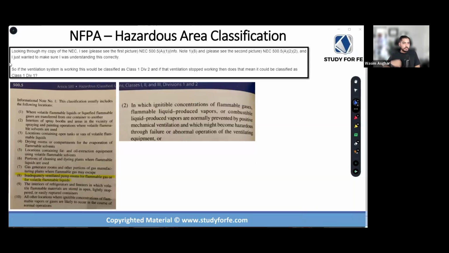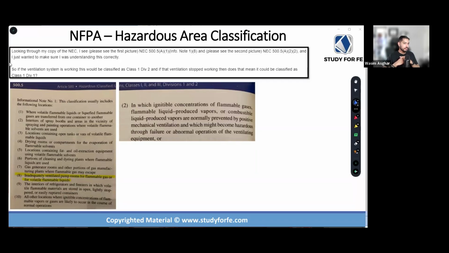Now, switching gears a little bit, NFPA, Hazardous Area Classification. And you guys know that within my PE Power program, the approach that I've taken when it comes to hazardous area classification is a little bit different, correct? How is it different? I actually don't start with the standards 497, 499, and 30B. I start with NEC Chapter number 5, correct?